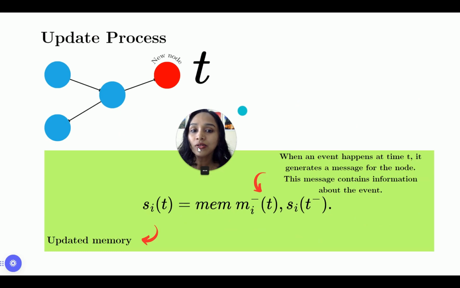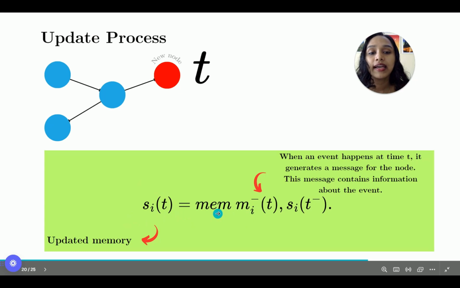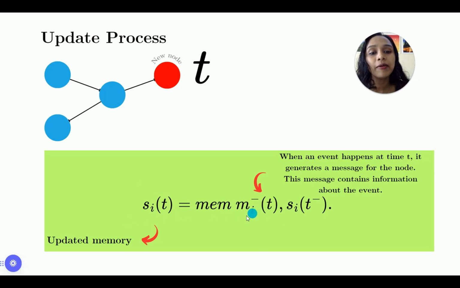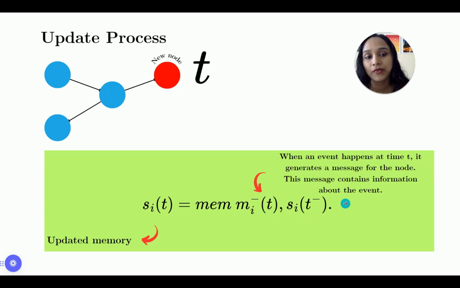Now, let us see how this memory update process happens. Here we have a graph with 3 nodes, and at time t, we have a new node introduced in this graph. So, Si of t is the memory state of the node at time t, and Si of t minus, these are the memory states of this node at the previous instances of time.